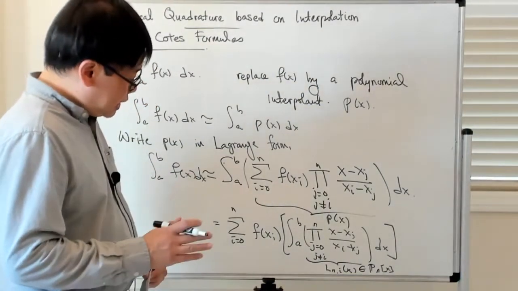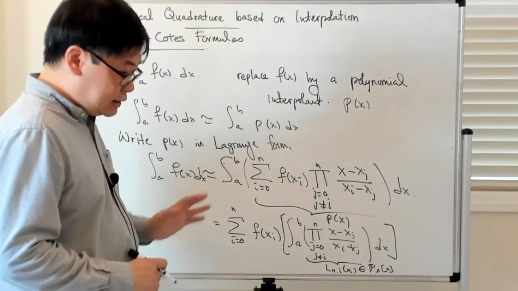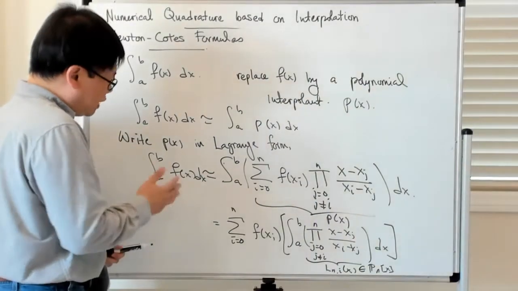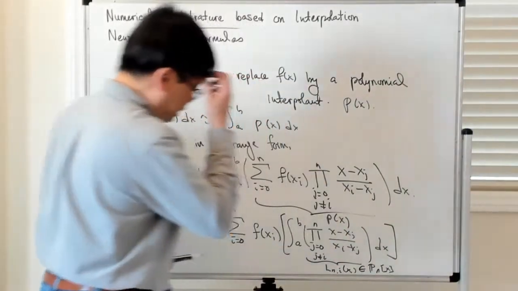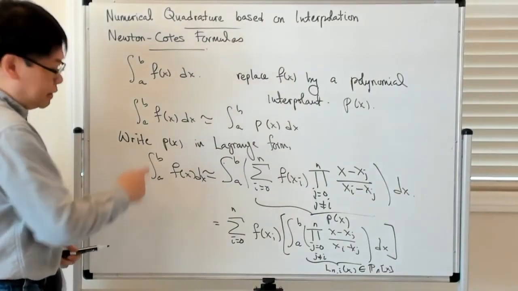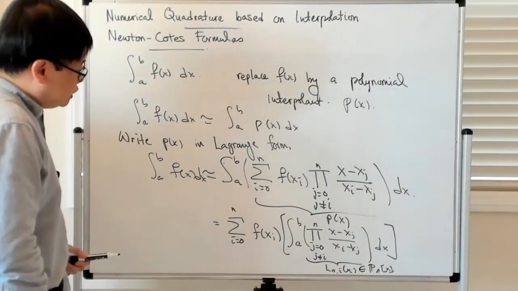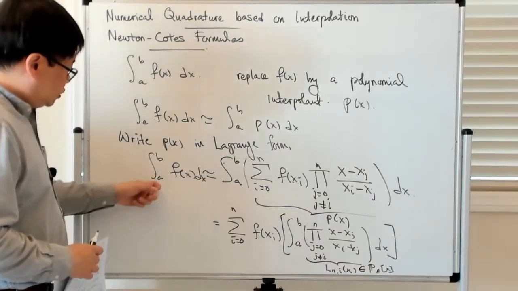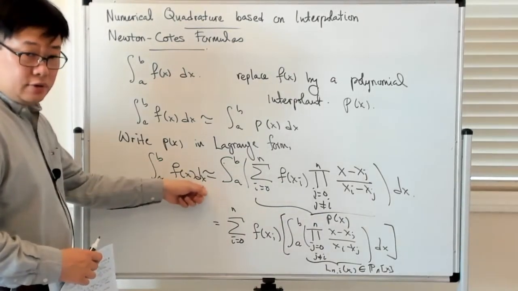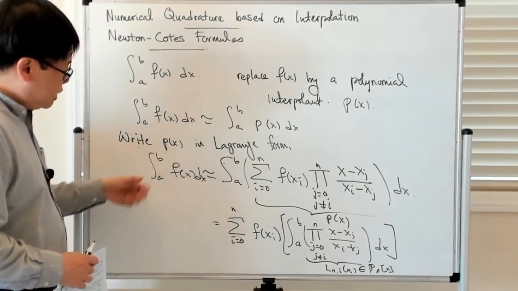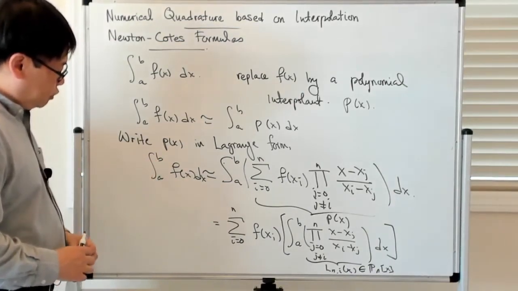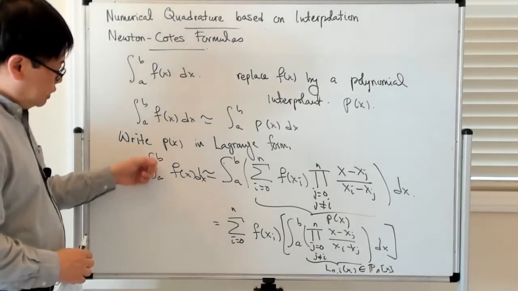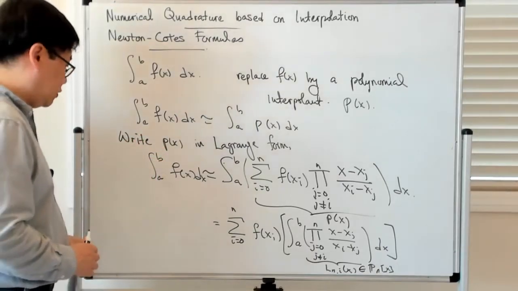I should say that in practice, of course, that's perhaps not the most convenient setup. You don't really want a formula which depends on what the limits of integration are. So what you basically do, which we'll show in a little bit, is a change of variables on the integral, so that the interval from a to b gets normalized to an interval from, say, 0 to h, or 0 to 1.